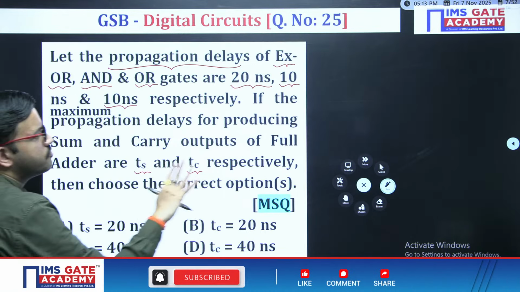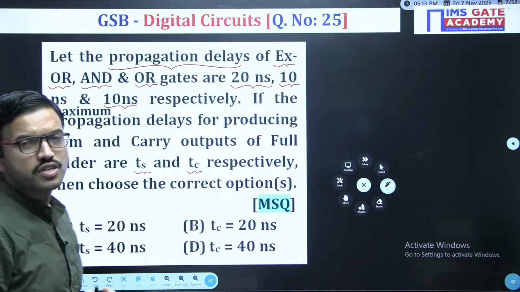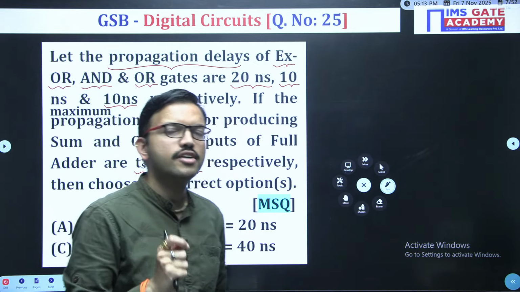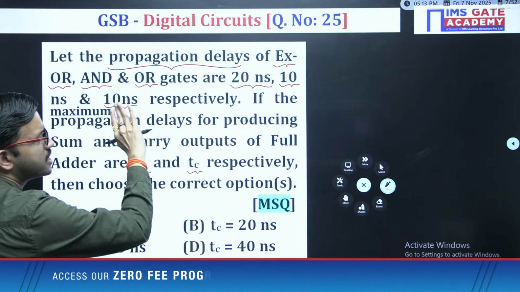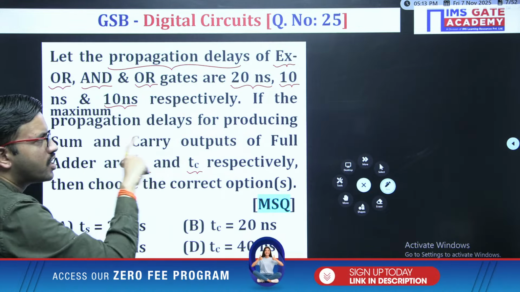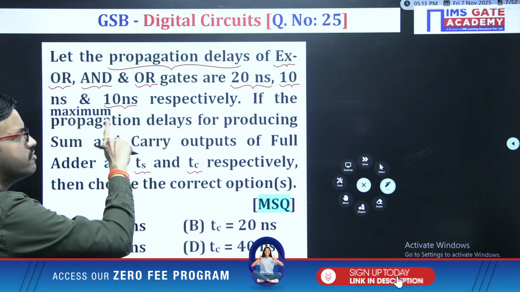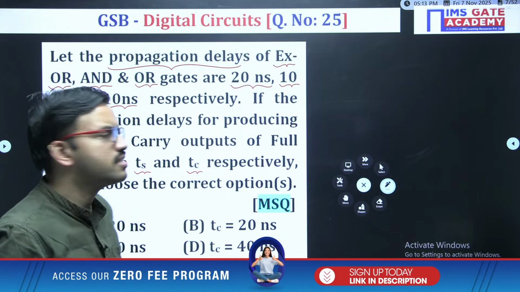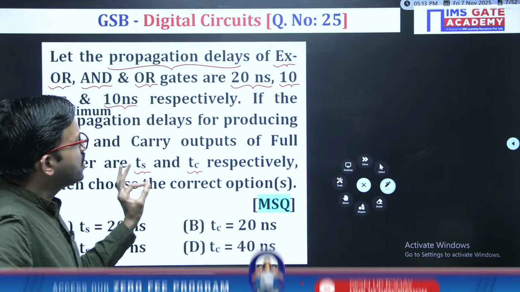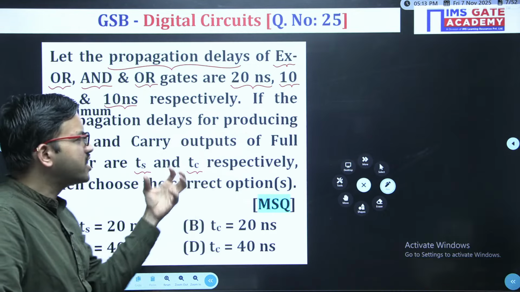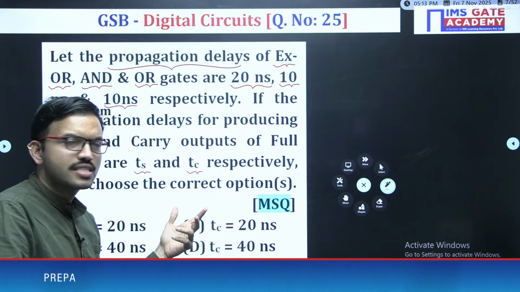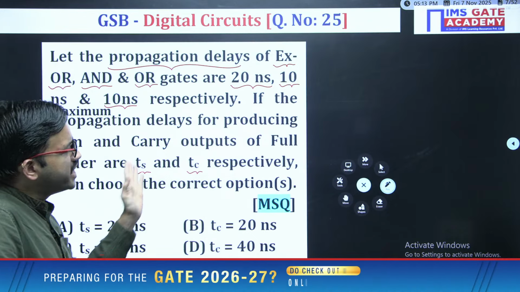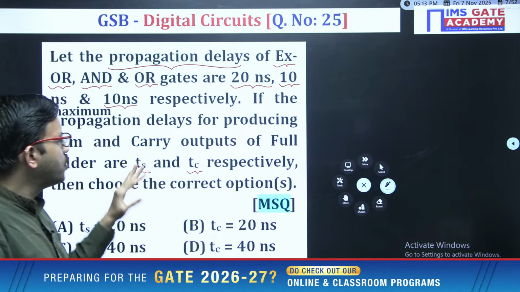Inside the full adder, I hope all of you know the circuit with logic gates, to produce the sum and to produce the carry. You draw the circuit diagram of the full adder, and with the help of the propagation delays of the logic gates, you can calculate the maximum time it takes to get the sum. Similarly, you have to find the maximum time it takes to get the carry.